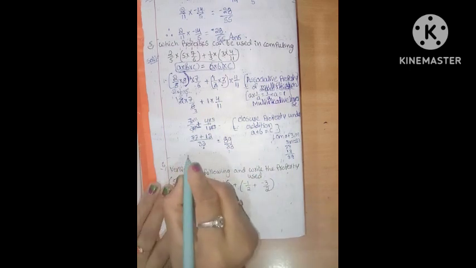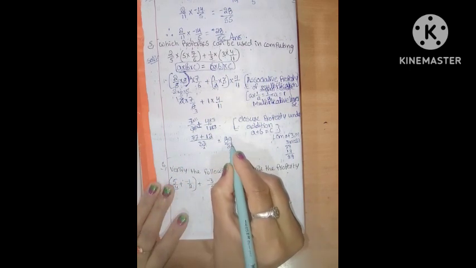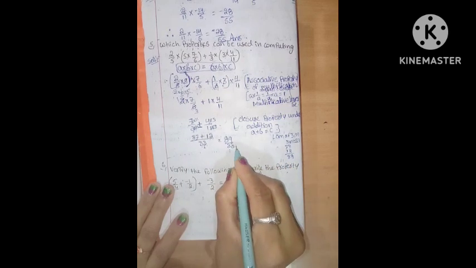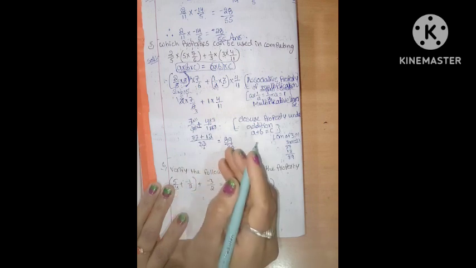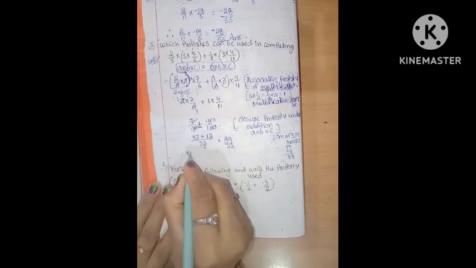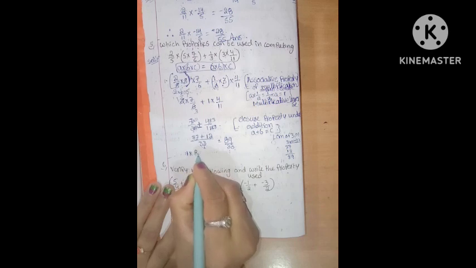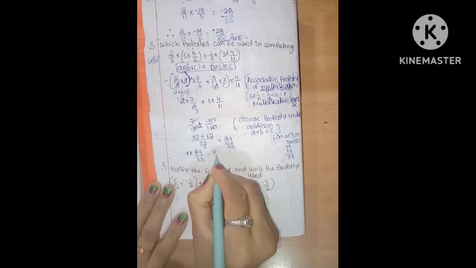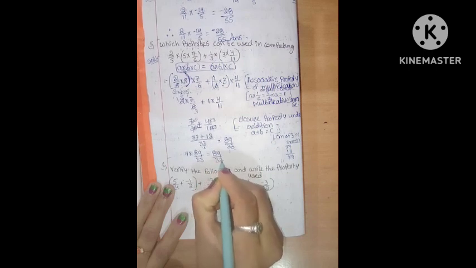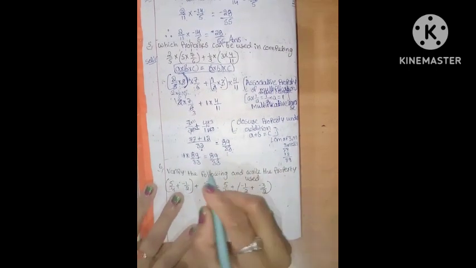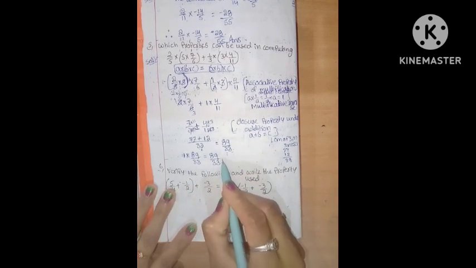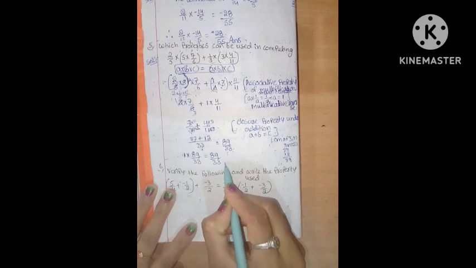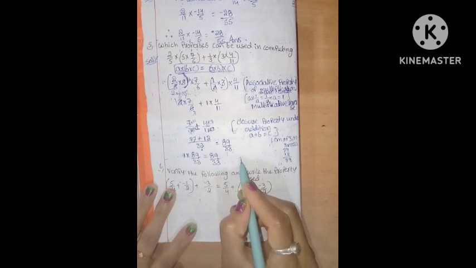Next, another property is also involved in this problem. 1 cross 89 by 33 equals 89 by 33. Here you can also write the inverse property: the inverse is 33 by 89, which gives the answer 1.